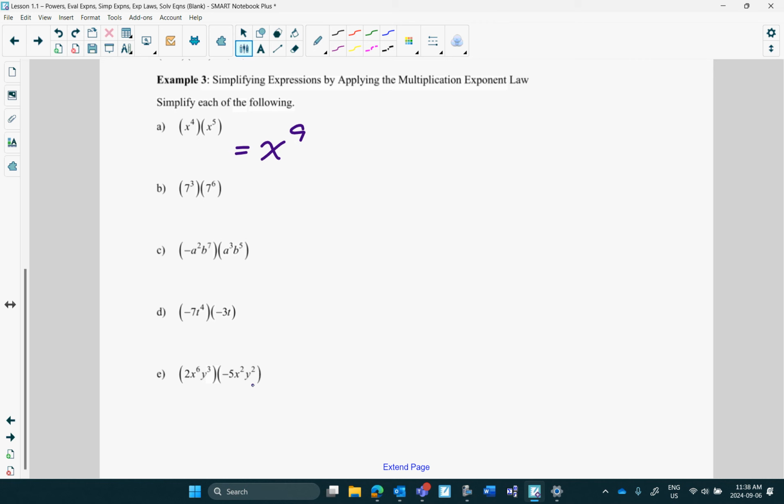You're multiplying powers. You don't multiply the 7s. Bases, they stay the same. So what's our simplified answer? 7 to the 9. Okay. We won't see many like that. The bases will usually be variables.